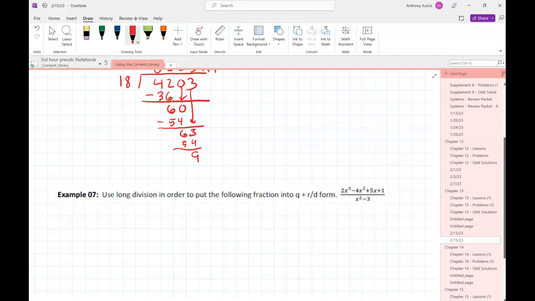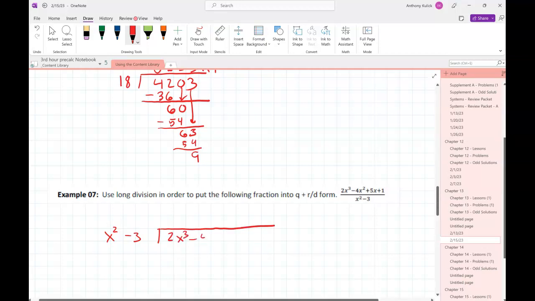So how do I start my setup here? The big dog goes on top, divided by the divisor. Now, this is fine, but I would not write it this way. Do you notice something odd about x squared minus 3?